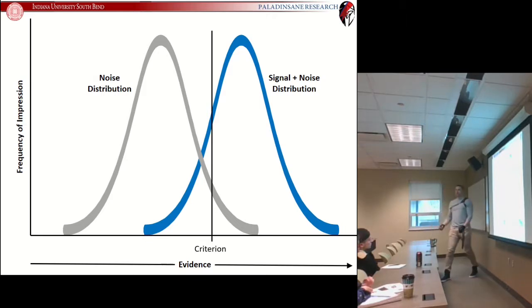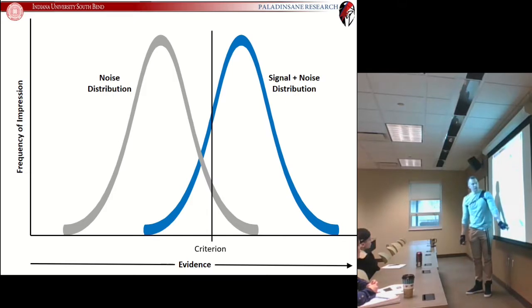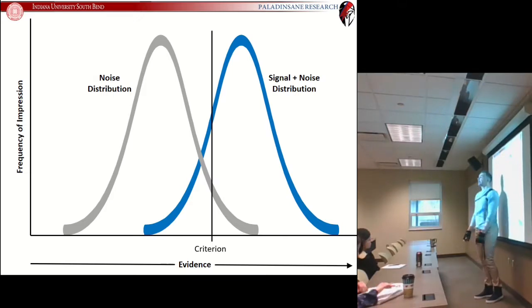So what we do as human beings when we need to decide, did I hear a noise or did I not hear a noise, did I detect a target or did I not detect a target, is we determine a criterion. We determine an amount of evidence above which we're going to say, yep, I heard something, that was a signal.